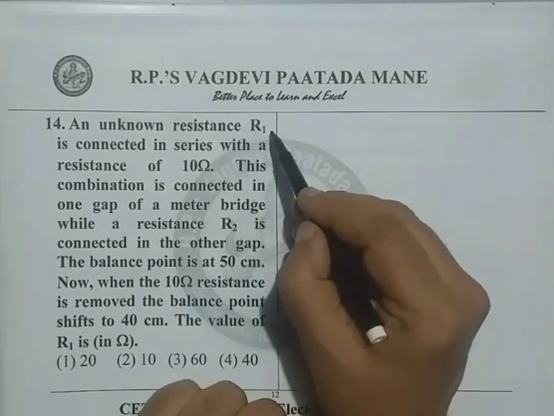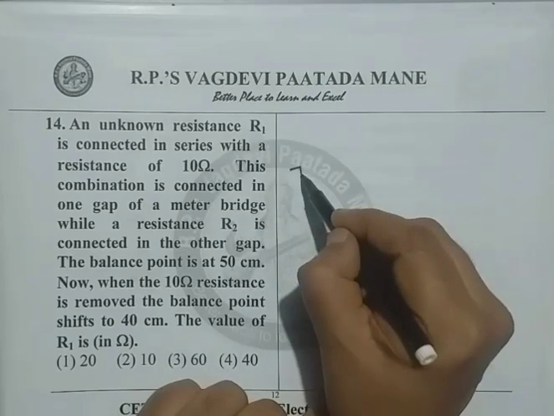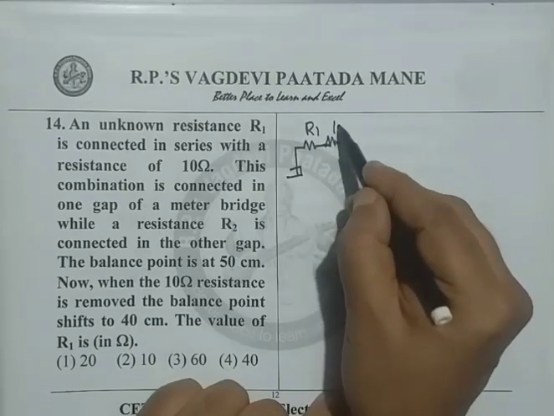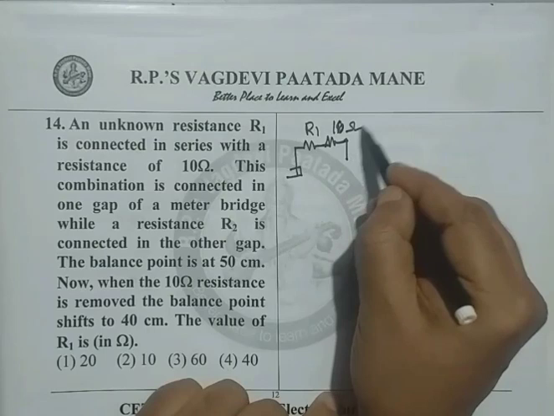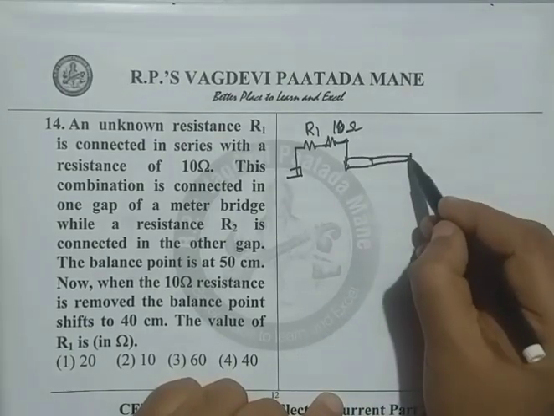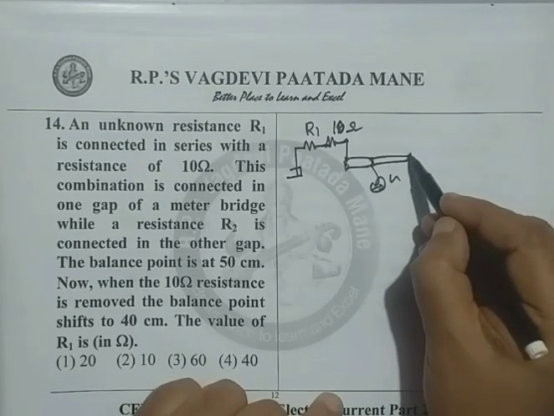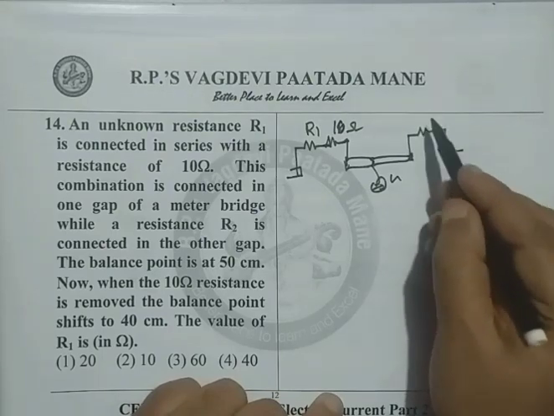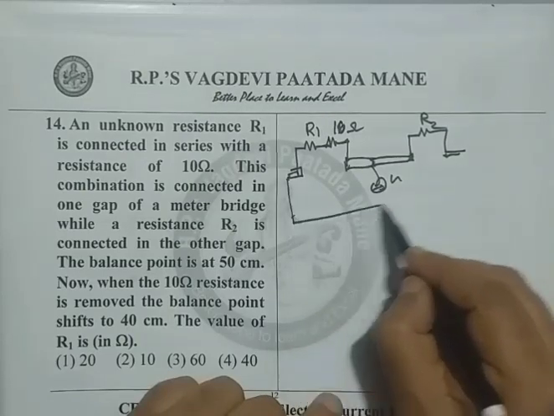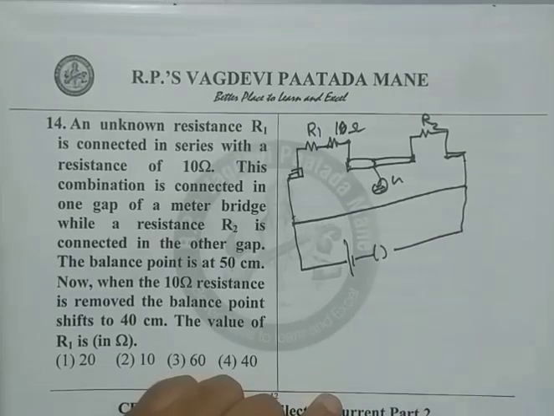Say in the left gap of meter bridge, I have R1 and 10 ohm. In the right gap, we have R2. This is the meter bridge wire, and this is the cell and plug key and everything.